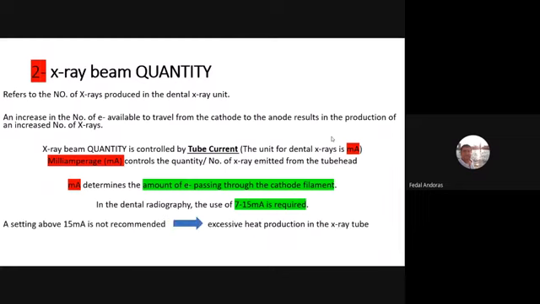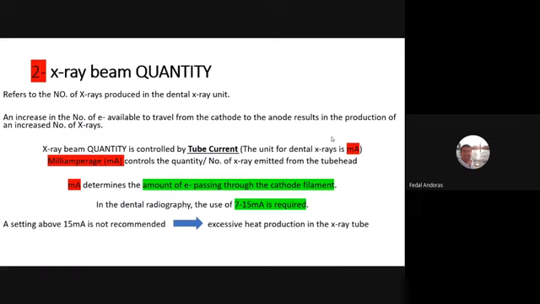Why? A setting above 15 milliampere is not recommended. What will happen? Excessive heat production in the X-ray tube, and the device will be damaged after a number of times. Because every time X-rays are produced, heat is generated.